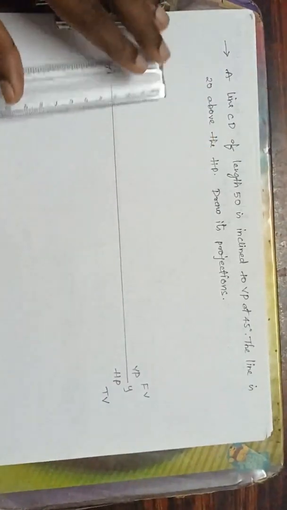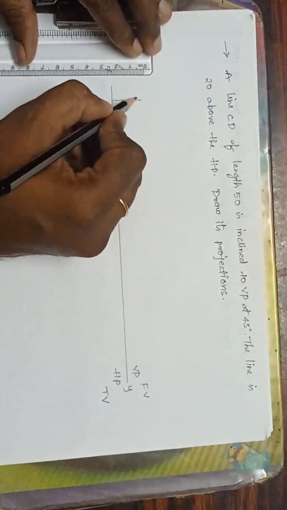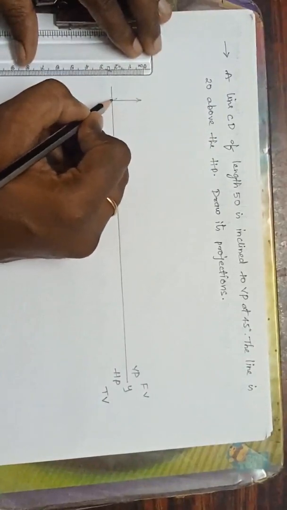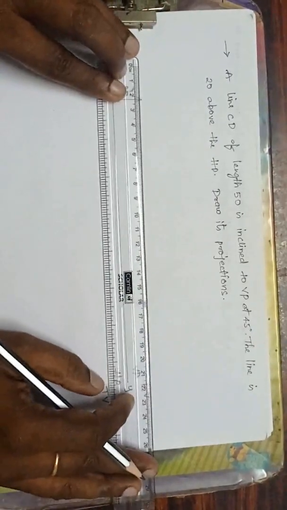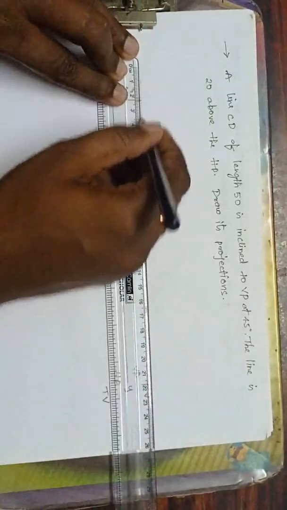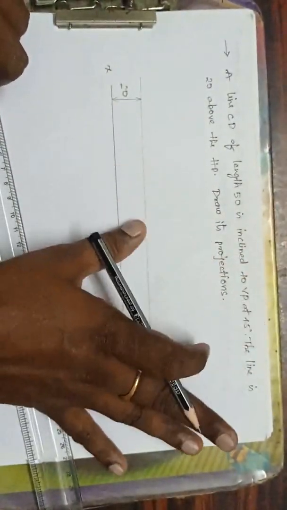So I have to draw in the VP. See here, 20. Now in front of VP he has not given anything, so no need to draw. It is 0.